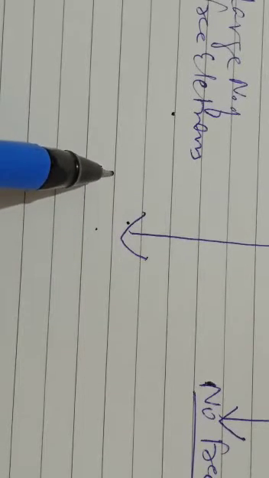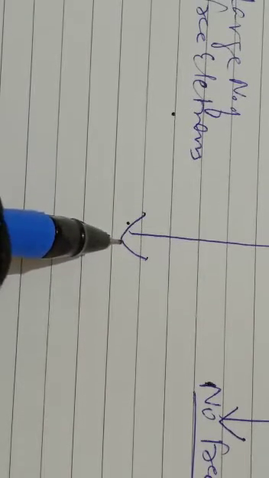Conductor has a large number of free electrons and insulator has no free electron. But this semiconductor material can have free electrons and also cannot have free electrons. It depends on the situation.